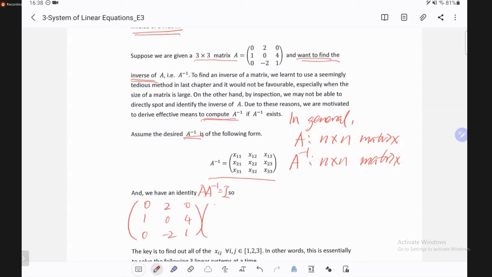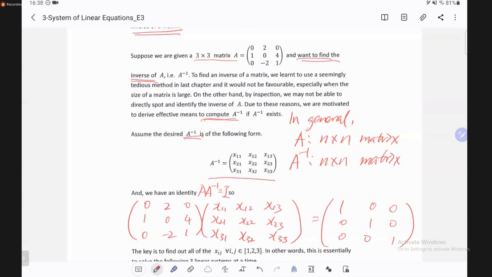I will tell you more information. And this is the identity matrix on the right hand side after the equal sign, right?